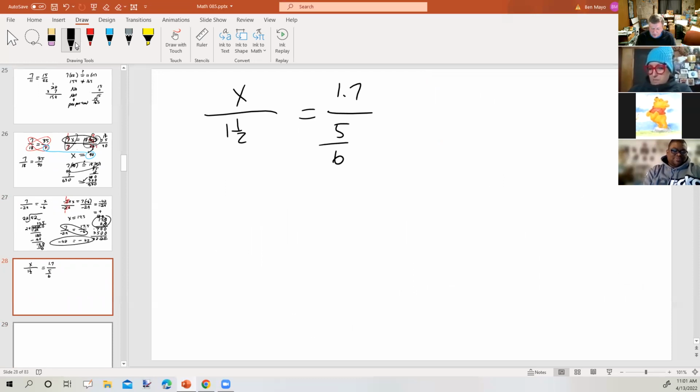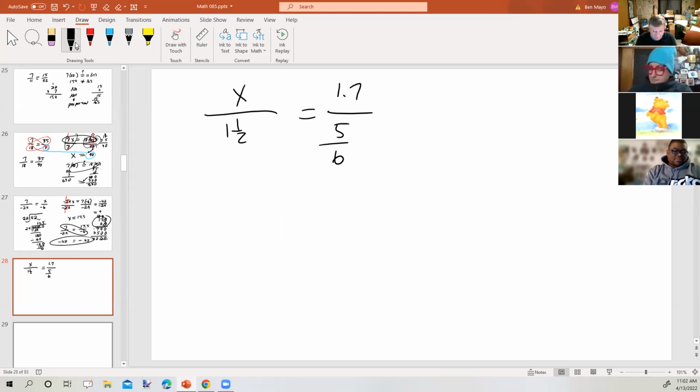So the problem here is we've got what, a mixed number, a proper fraction, and a decimal. It would be nice if they were all in the same form, okay? So I should either change them all into decimals or all into fractions. Well, if we go with decimals, we're going to have a problem. 1.5 is 1.5 as a decimal. That's not a problem.